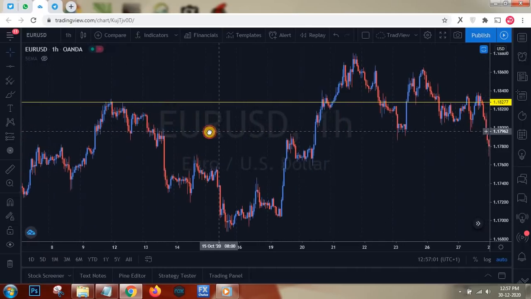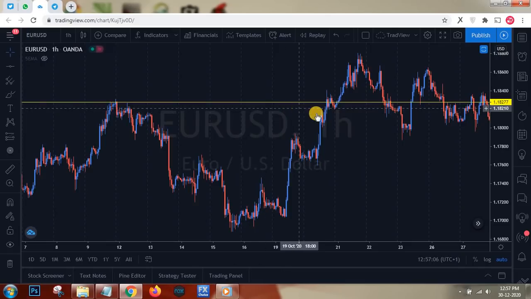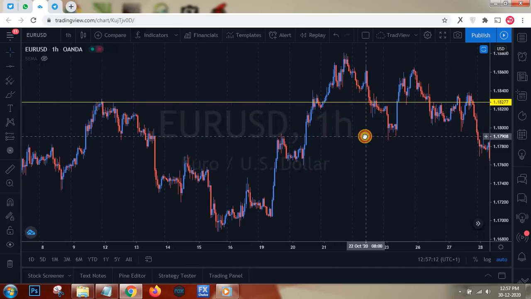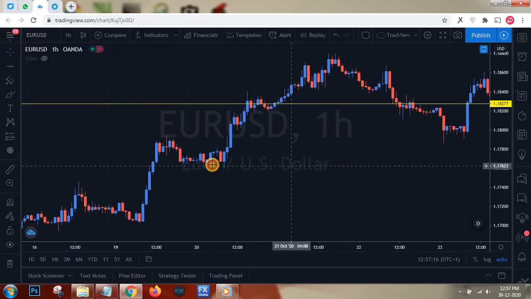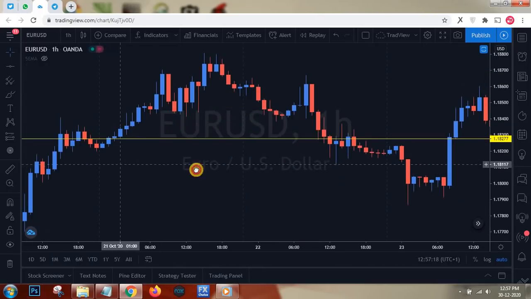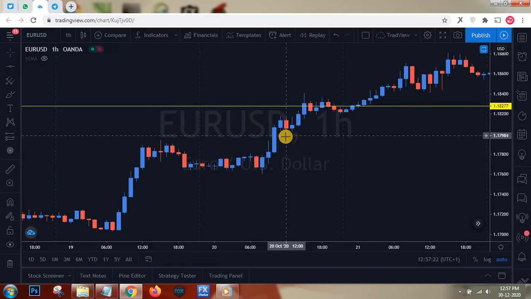So I will be waiting for them to give me a sign on this resistance line. Okay, good. Let's see this. A sign on this resistance line.